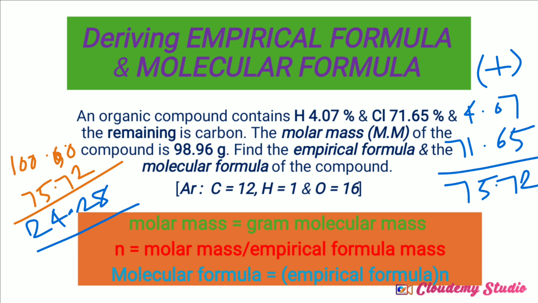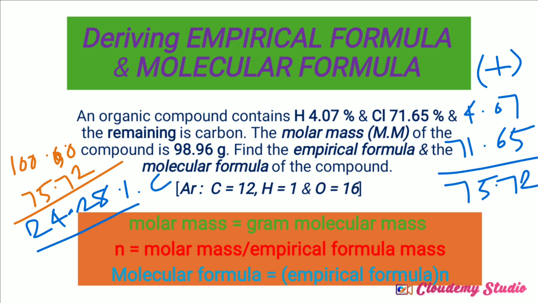This is the percentage mass of carbon. So now we have got the percentage mass of carbon, that is 24.28%. So now we have got the percentage masses of all the atoms present in the compound.